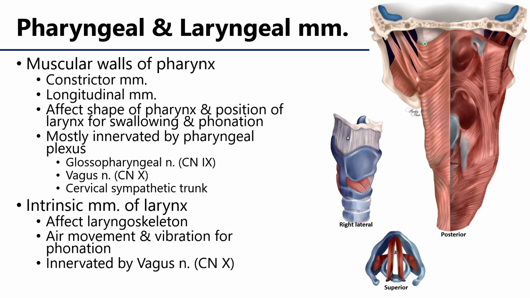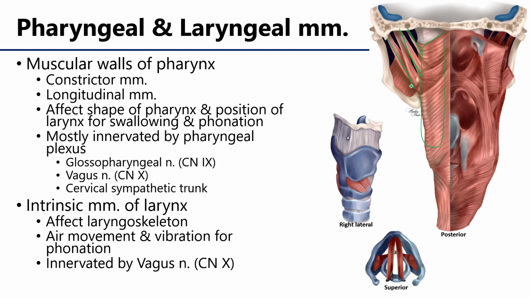And then we have various muscles of the pharynx and larynx, which we'll discuss in greater detail in subsequent videos of this session. So the pharynx, or the throat, has very muscular walls to it, two sets. There are constrictor muscles, which we can see here, that serially constrict to squish food items along, as well as longitudinal muscles, which we can see there, that elevate and shorten the pharynx.